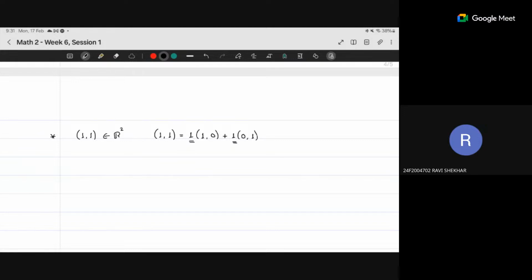So to explain more clearly what coordinates are, consider the vector (2, 0) in R2. This is coordinates in the standard basis.